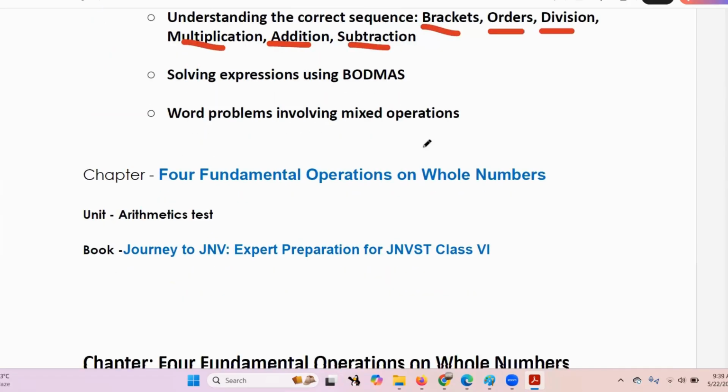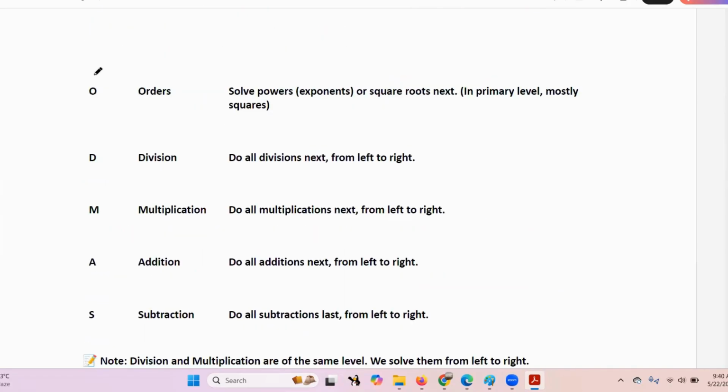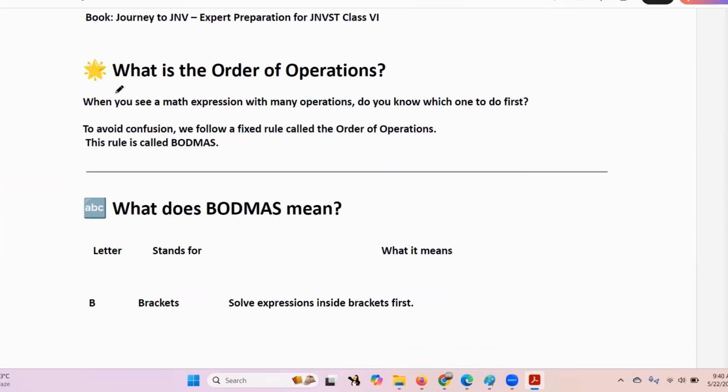What is the meaning of bracket? Here it is given, every word is given here. We should always start with what is inside the bracket, the innermost first. There are generally three types of bracket. Do you know the three types? Yes, sir.